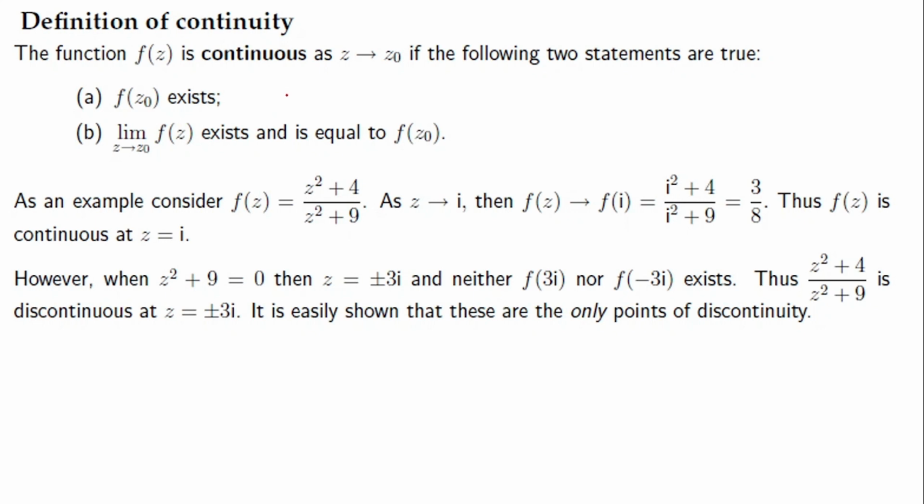That is the first point. The second point is that if we take the limit towards that point of that function, it must exist and it must be equal to f of z0.